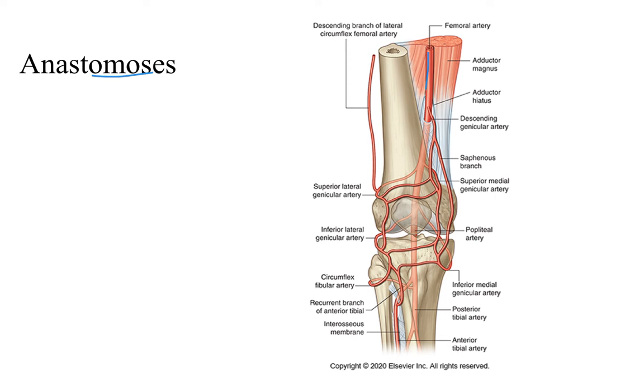So if you look at the femoral artery coming down here, there are several branches that come off, and I don't care that you know these branches, but realize that they are connected to each other, and all these connections have branches as well, that allow for a redirection of blood supply if any one of those gets cut off, so that you aren't lacking in blood supply to this particular area. So, around joints, it's very important to remember that there are these anastomoses that keep blood supply continuous.